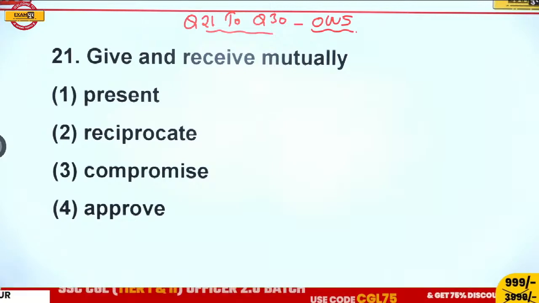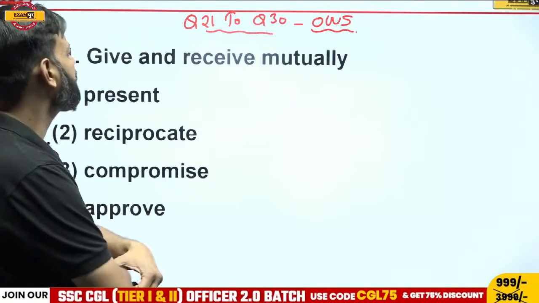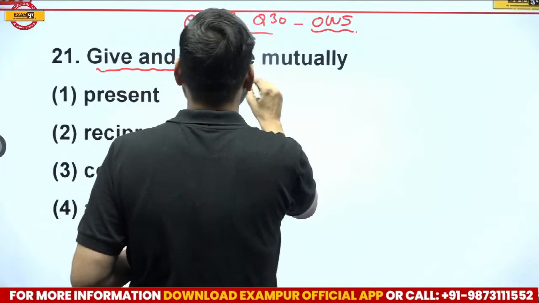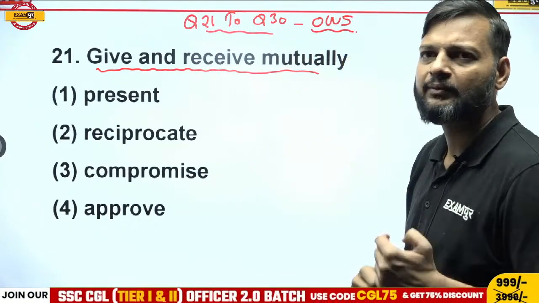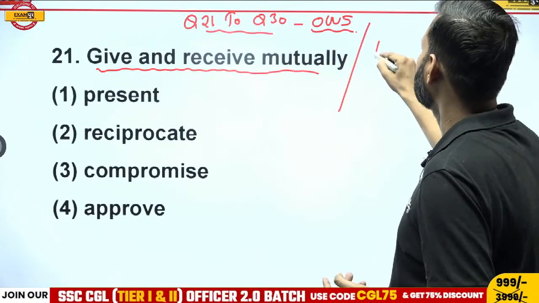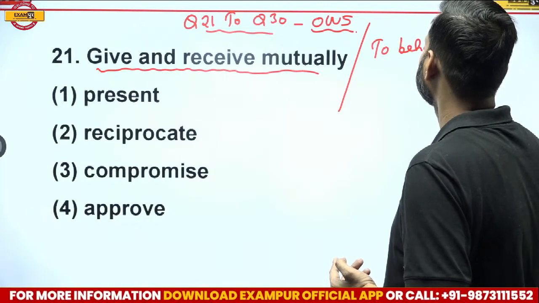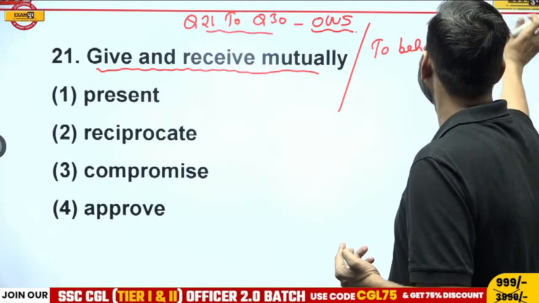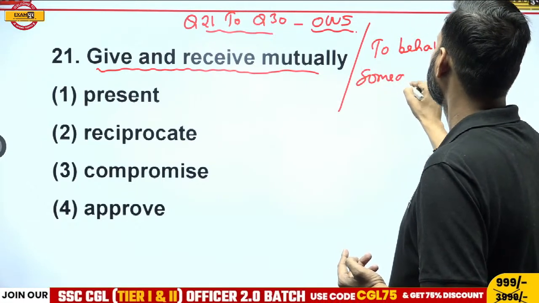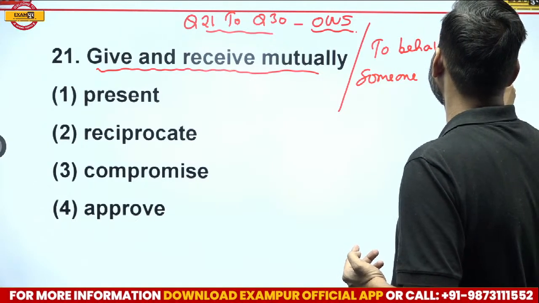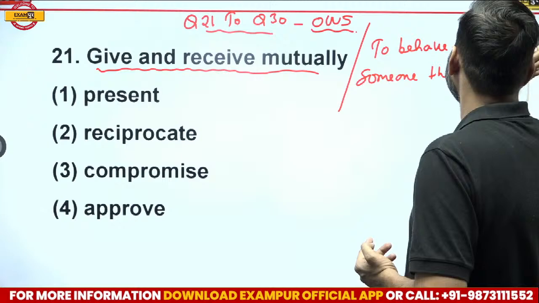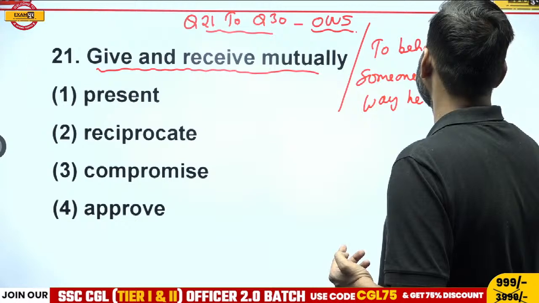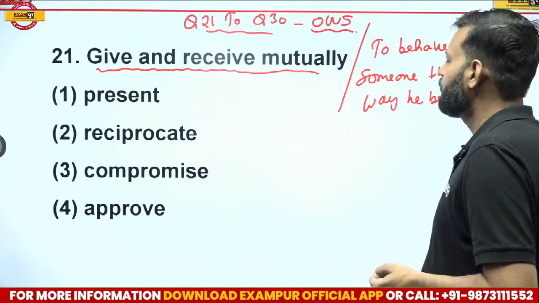Give and receive mutually means, in place of this statement, we can also write to behave with someone the same way he behaves.